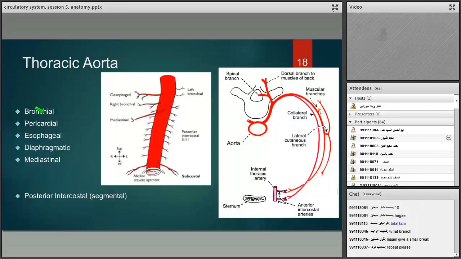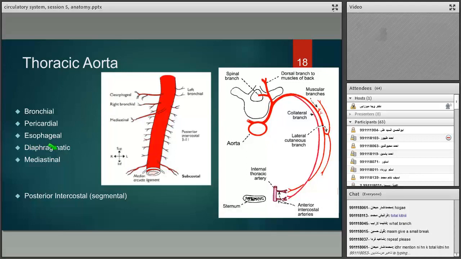Also, we can see the bronchial branches, left and right bronchial branches. These branches are supplying the blood for the bronchi, right and left bronchi. Normally, we have two on the left side and one on the right side.